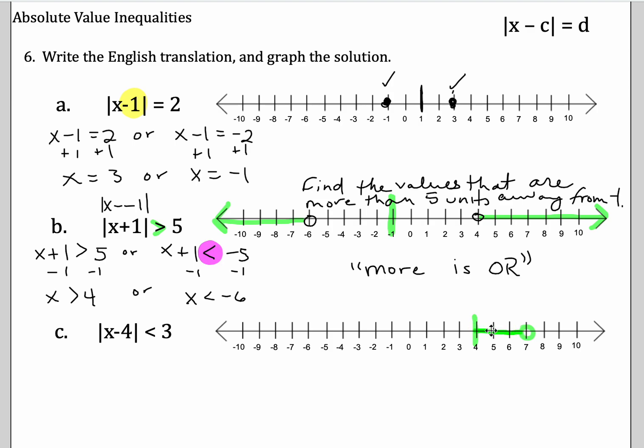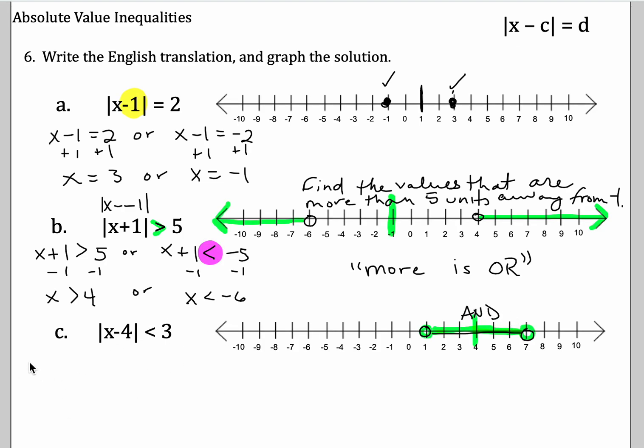But it's less than, it's not as far as that, or less than 3 units down. So this instance is going to be a connected number line, or a line segment, and it's going to be an and statement, right? This looks like an and statement.